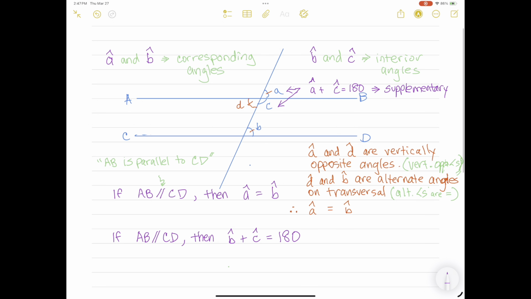That is, they are supplementary, which means that angle A plus angle C equals 180 degrees. And since angle A and angle B, the corresponding angles, are equal, therefore angle B plus angle C equals 180 degrees.